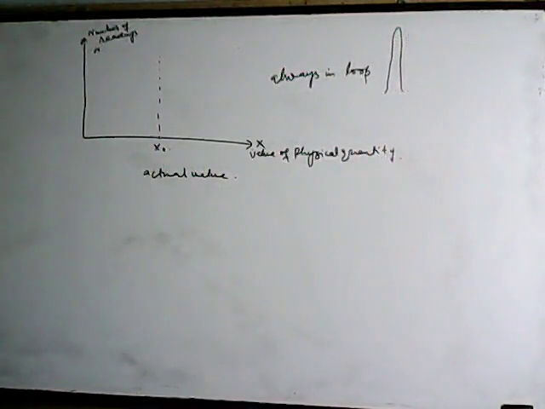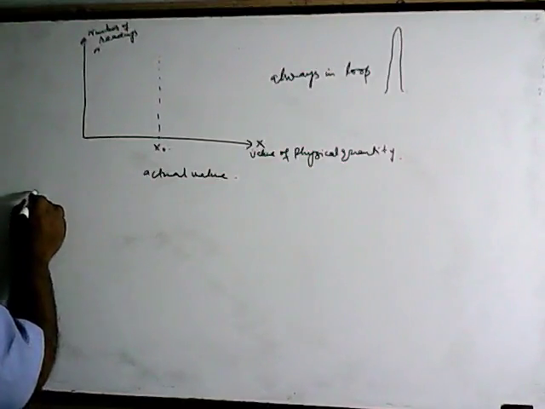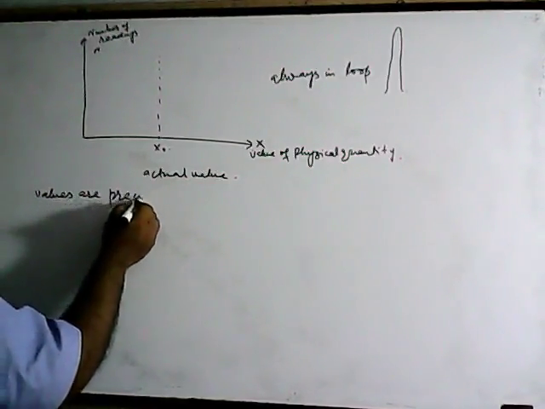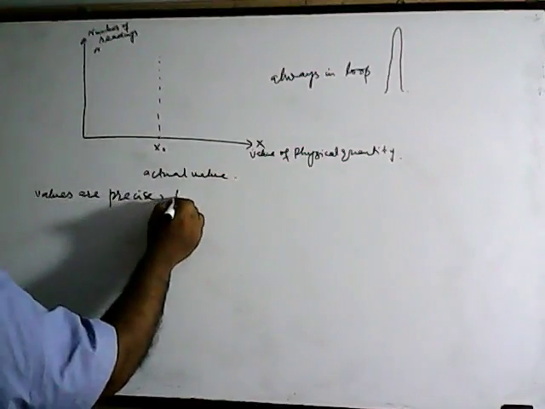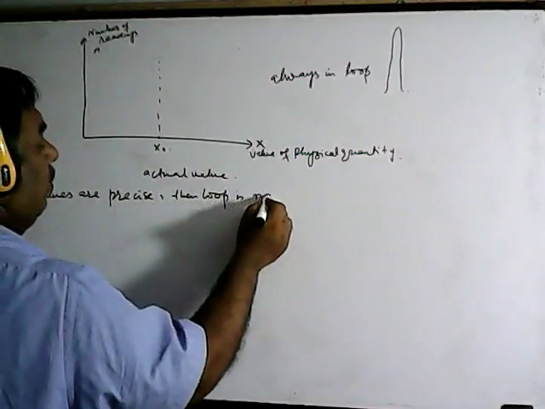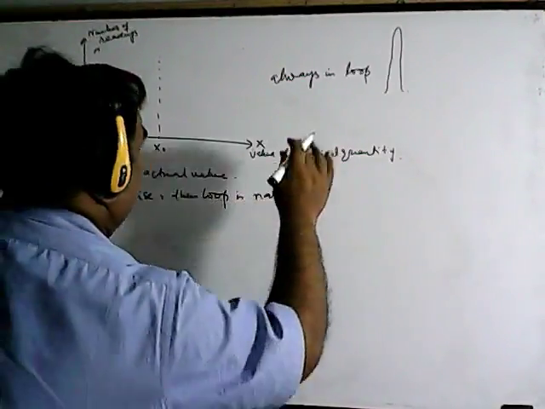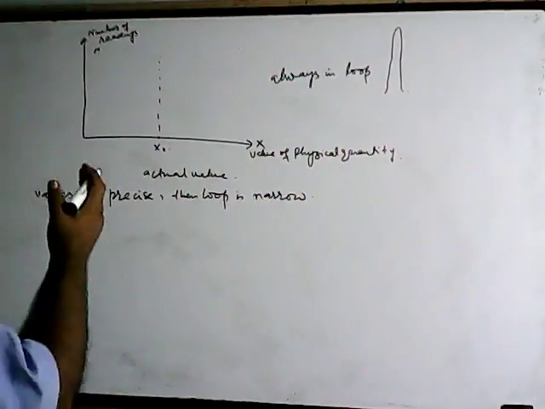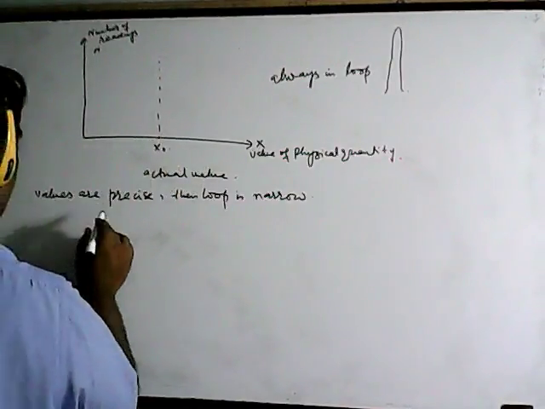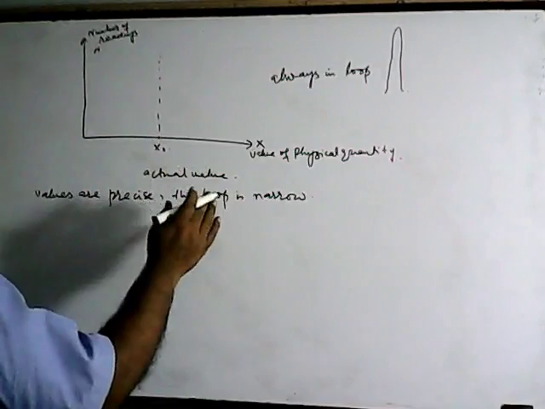Now suppose the values are precise, then the loop is narrow. The loop is narrow means values are precise, readings are very close. If values are precise, then the loop is narrow.